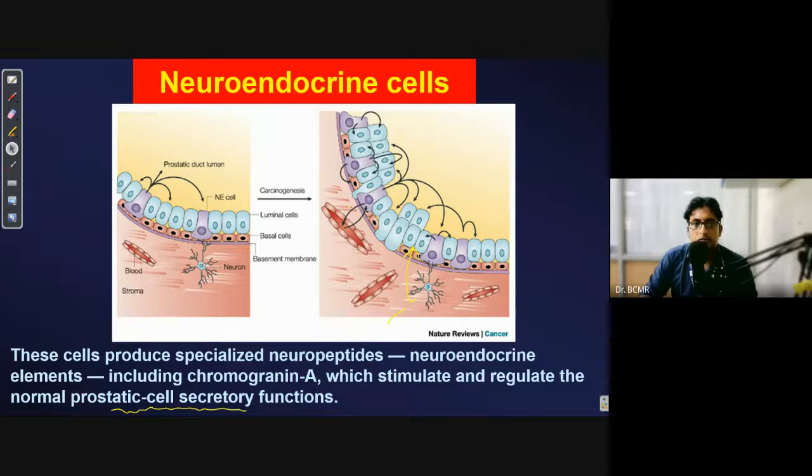So there are two different signals, right? One is the androgen, which is important for the viability of the luminal cells or other differentiated cells. And the other, how the prostate gland is integrated with the rest of the body, is through neuroendocrine cells, because they bring in signals from outside, about when to secrete and when not to, and so on.